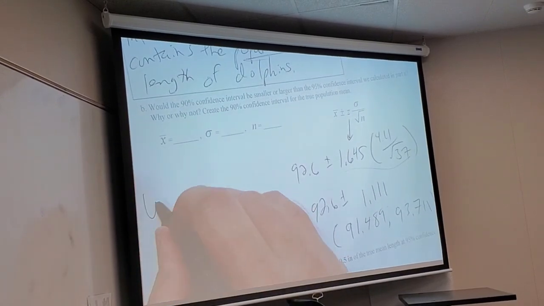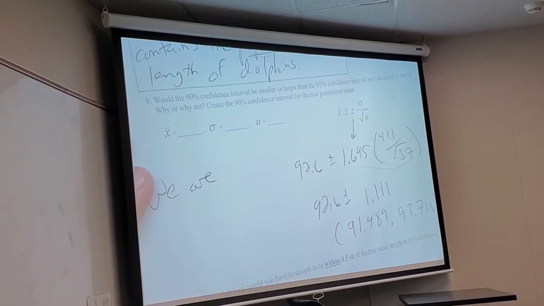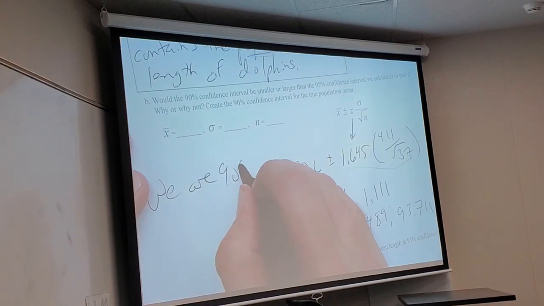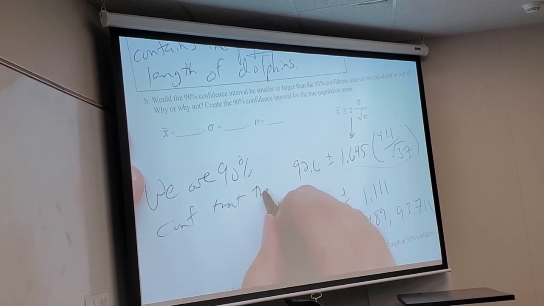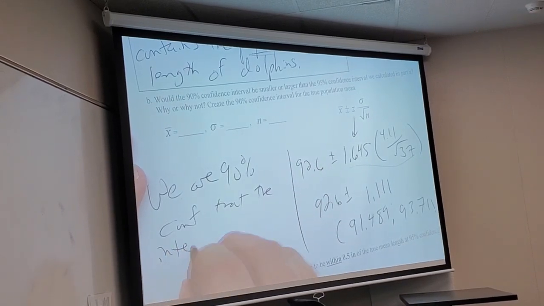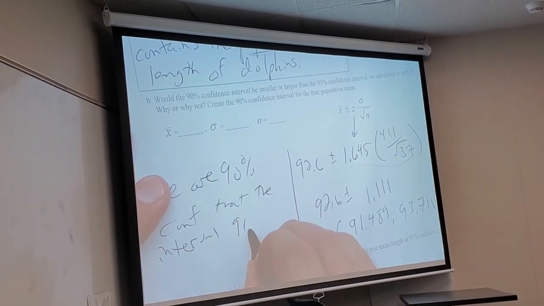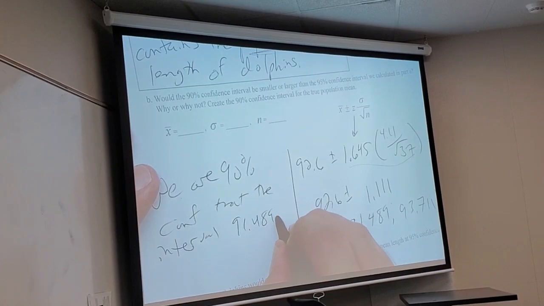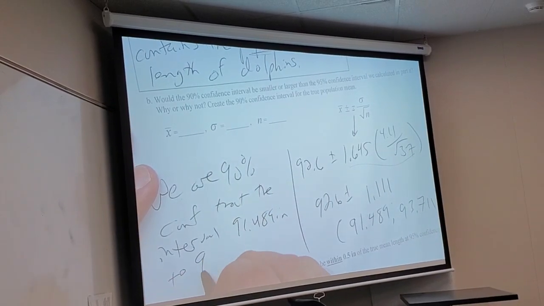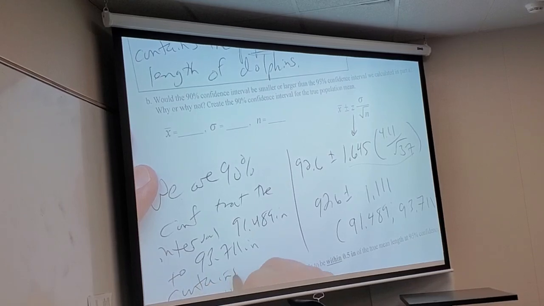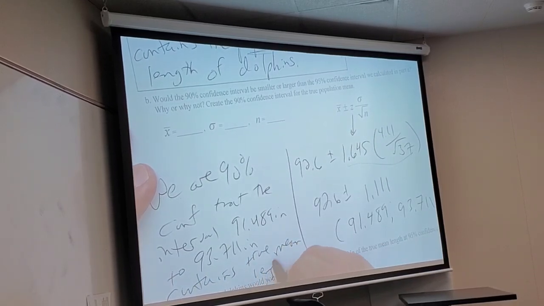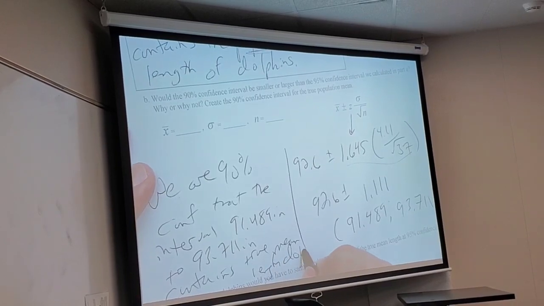So we are 90% confident that the interval 91.489 inches to 93.711 inches contains the true mean length of dolphins.